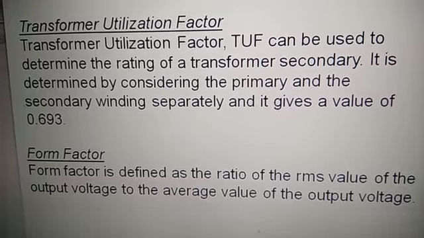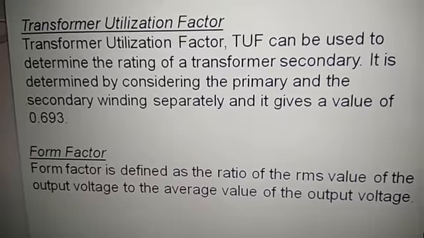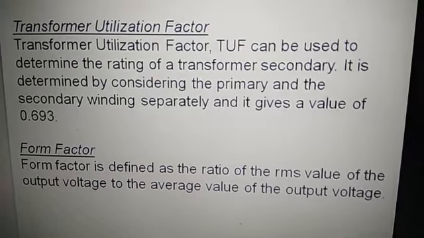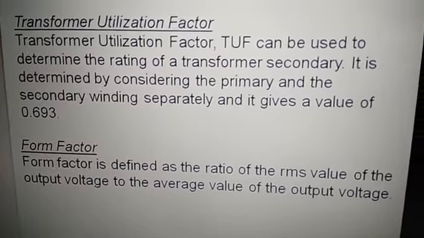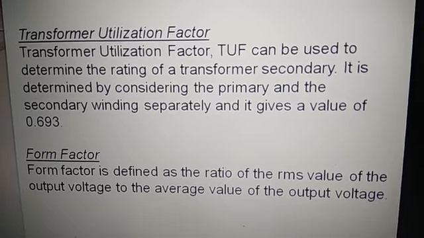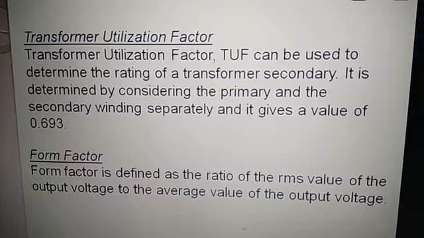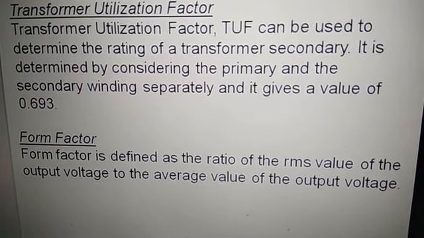TUF can be used to determine the rating of the transformer secondary. It is determined by considering the primary and secondary winding separately, and it gives a value of 0.693. While calculating this TUF, we have to consider the primary winding separately and the secondary winding separately. Calculate the TUF and you will get the TUF value.